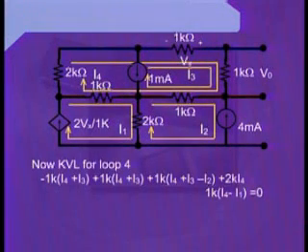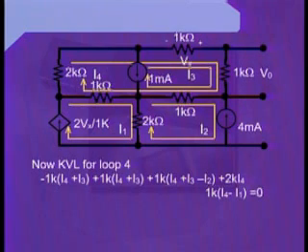Now applying Kirchhoff's voltage law to the super mesh, which is also mentioned as loop number 4. As we complete this term, we go on to the next resistance, which is also having a 1 kilo ohm value. However, a voltage drop Vx has been shown across this resistance. And if you see in the previous slides, in one of those, we have already written a formula for the voltage Vx.